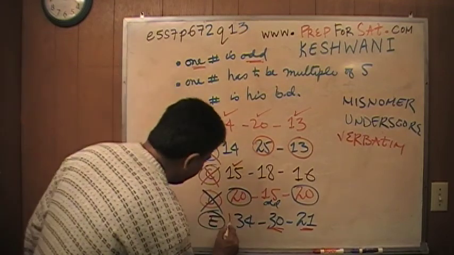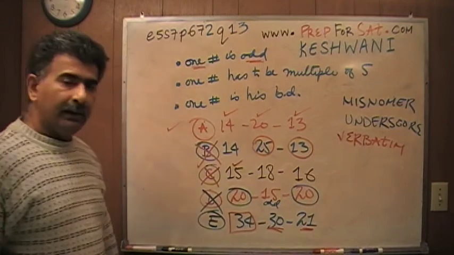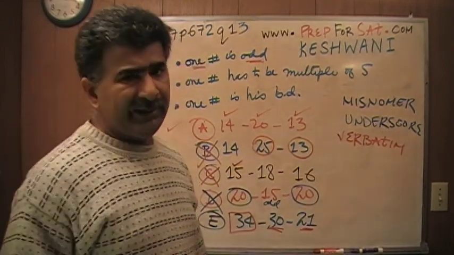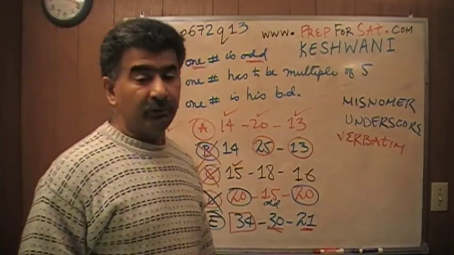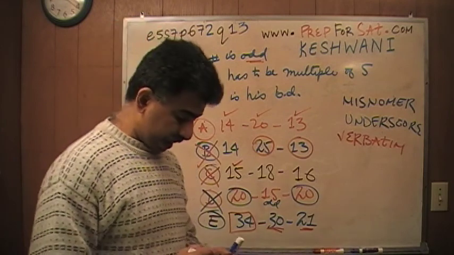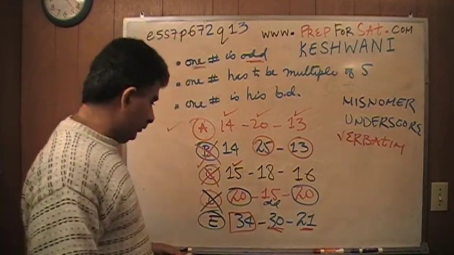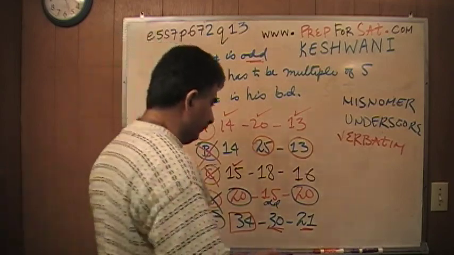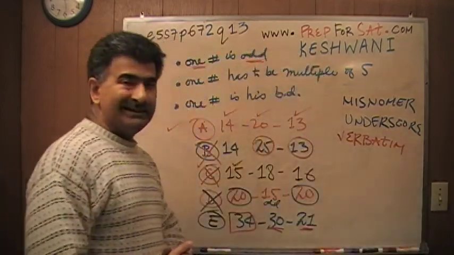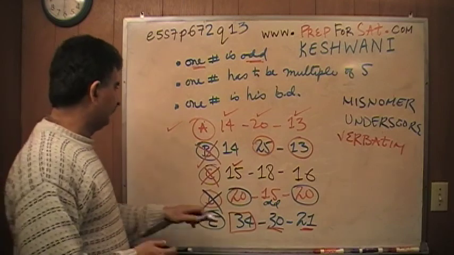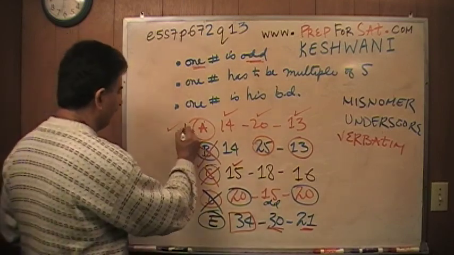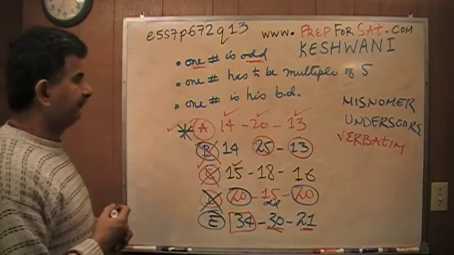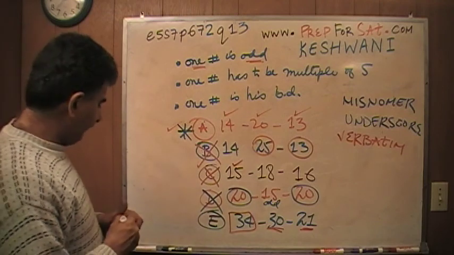But the problem is this guy. Can this be his date of birth? I don't think so. I do not know of a calendar where we have 34 days in a month. So therefore, this is the only one that works. Answer is A.